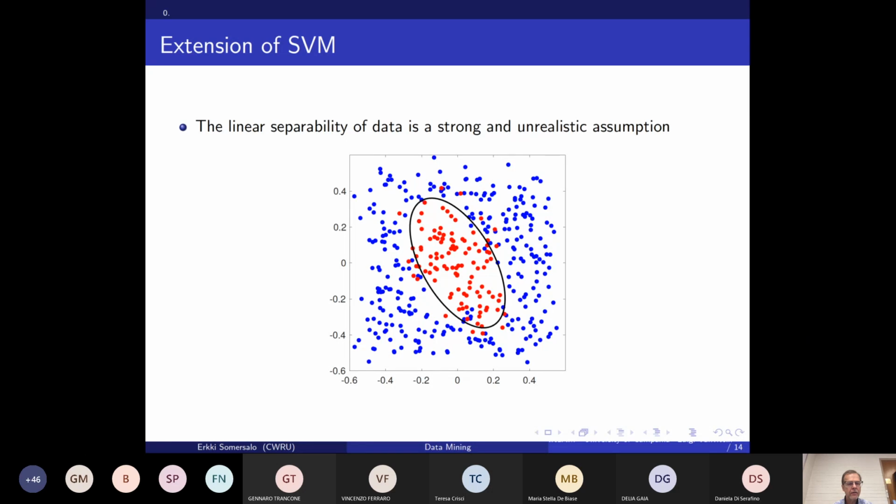You can think that this ellipse could be viewed as a level set of a function. And so would it be possible to generalize the support vector machine algorithm so that it not only gives you the possibility to find separating hyperplanes, but it could divide your dataset in two level sets?